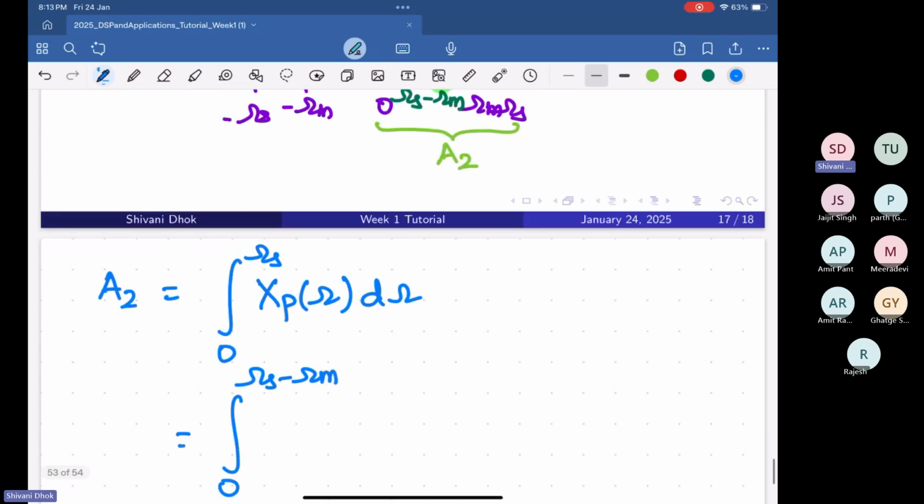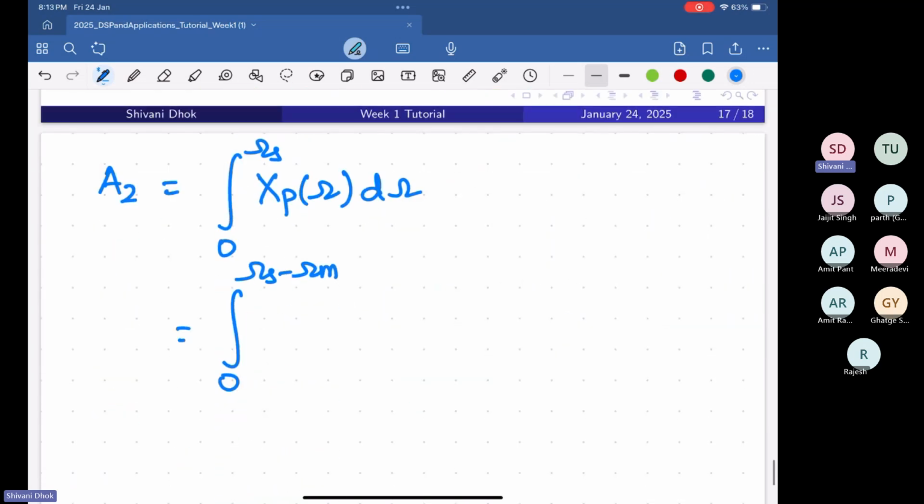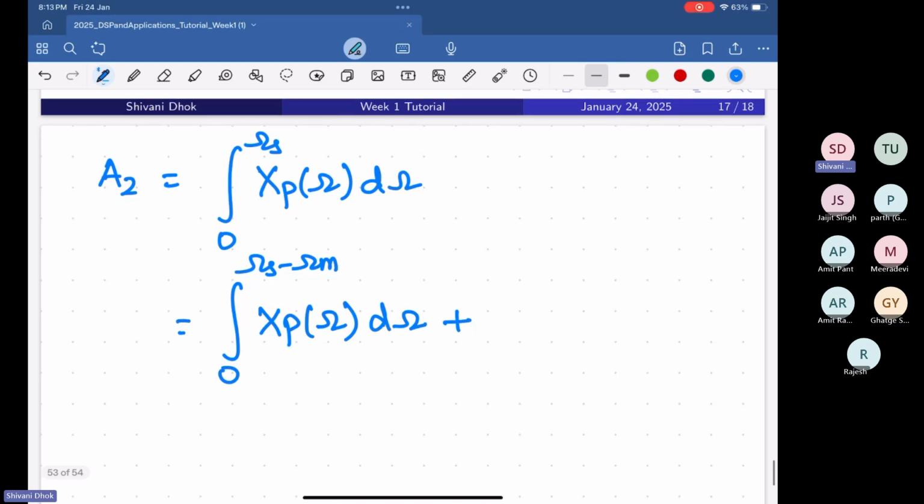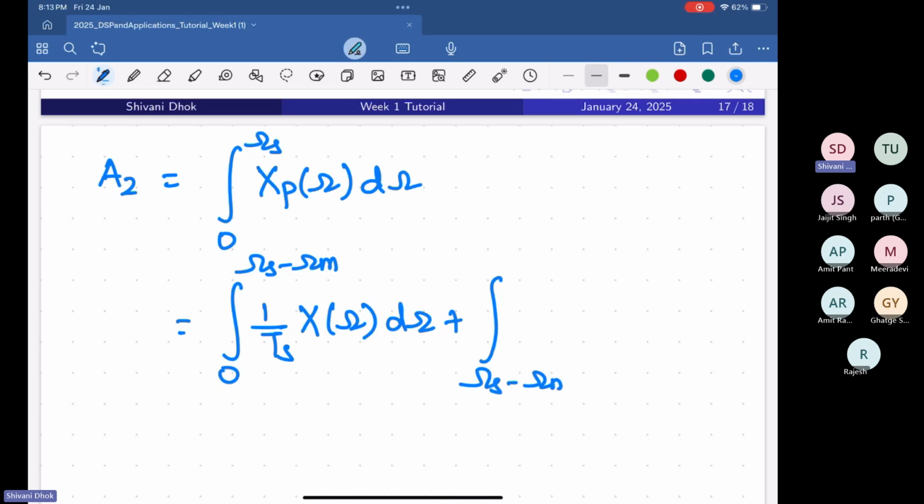In this region, this will be equal to X_p of omega d omega, or in this particular region, this will be equal to 1 over Ts X of j omega d omega plus integral from omega s minus omega m to omega s.